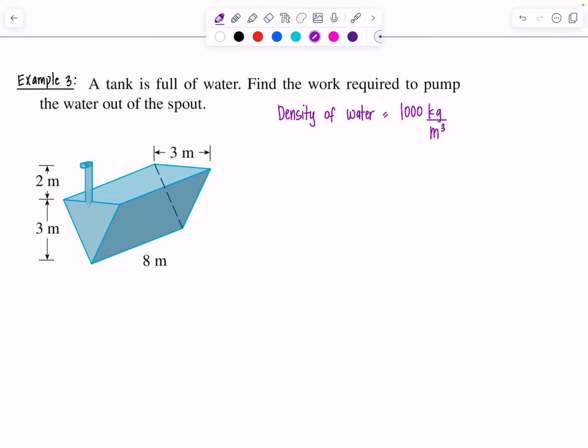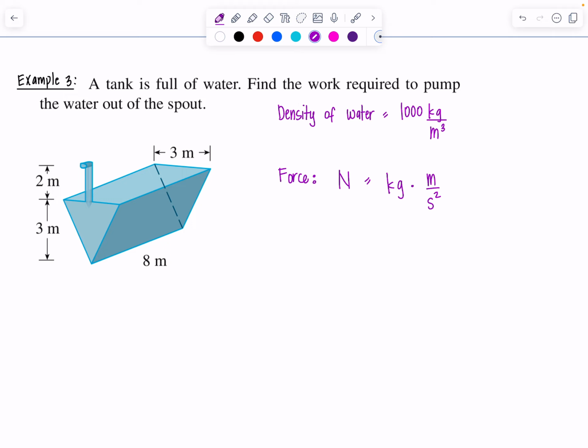So what are the units of force? Notice we're in the metric system. So the units for force are newtons. Do you remember what a newton is comprised of? It's kilograms times meters per second squared.